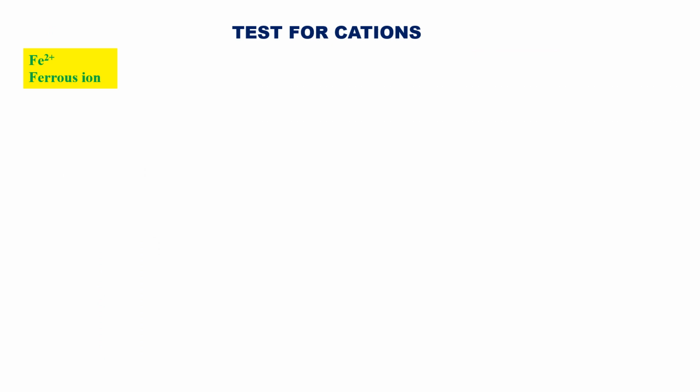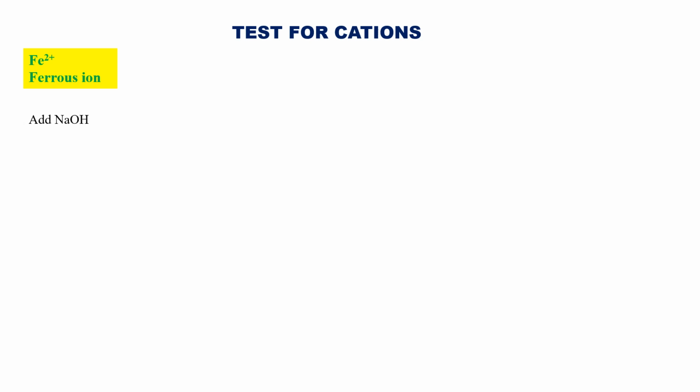Now that we have seen how anions can be tested in the lab, let's see how we can distinguish the cations from each other. And the first cation that we are going to be looking at is ferrous ion. For all the cations, we will use one test reagent, which is sodium hydroxide. Sometimes as a backup, we also add a little bit of ammonia to the test reagent as well.